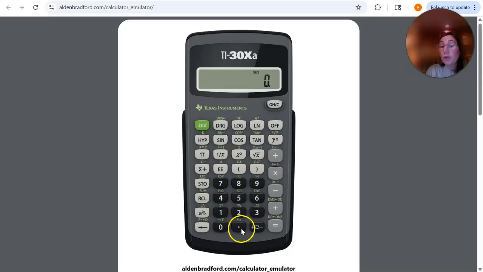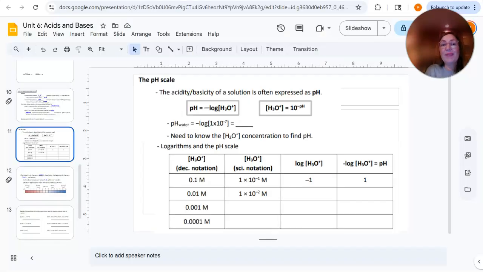So 0.1 is just 1 times 10 raised to the negative 1. That was 0.01, which we saw in the table. Take the log of that and you get negative 1, and then you switch the sign.